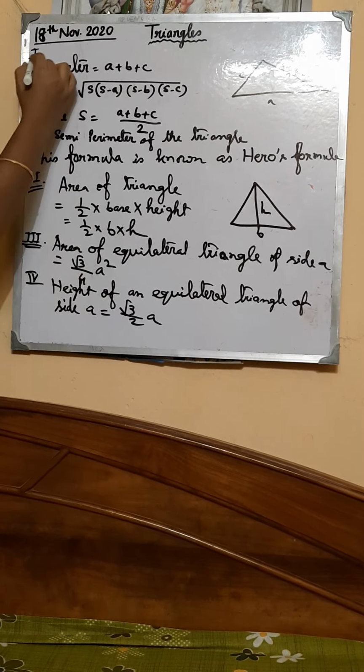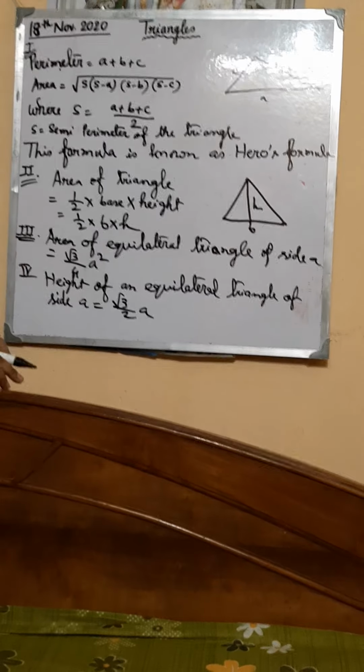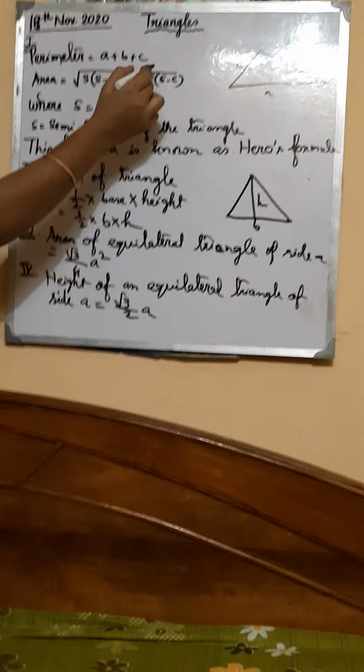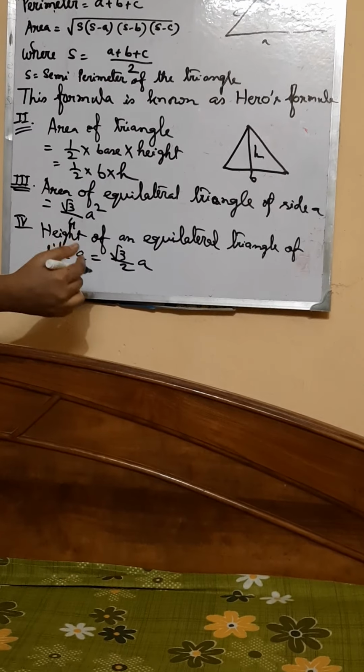Perimeter means sum of three sides. Area, when three sides are unequal, at that time semi-perimeter into semi-perimeter minus one side into semi-perimeter minus other side into semi-perimeter minus third side. And how do you find the semi-perimeter? Perimeter A plus B plus C divided by 2 is semi-perimeter.